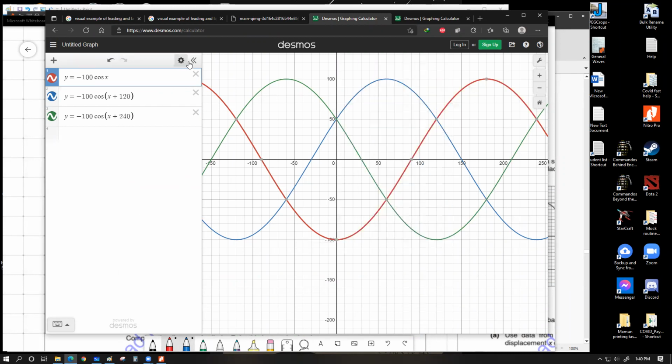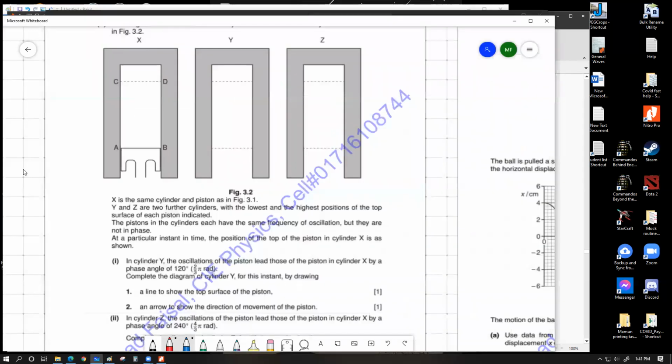So just remember that the red one is the x-axis graph. And then the question says that Y should be the piston which is leading this one.